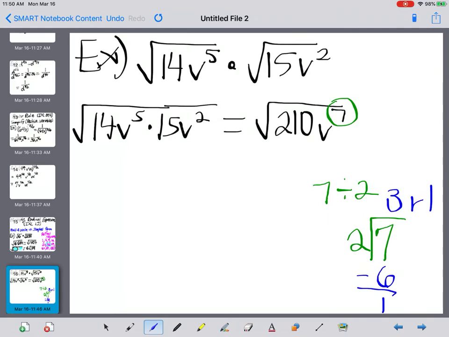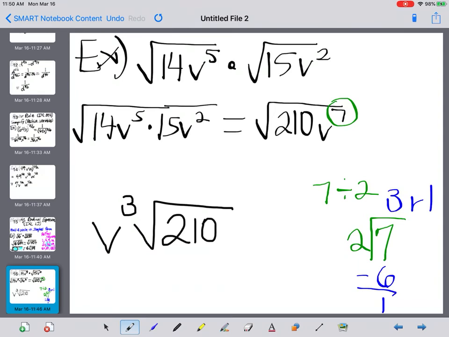So in my answer, I'm going to have v to the 3rd, and then I still have my square root. And that 210 is stuck in there, so it's just going to stay right in there. But I had a remainder of 1, so that means 1 v is stuck inside there. So I have v cubed times the square root of 210v. And that would be really all I could do on that one.